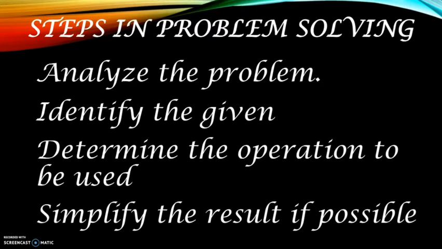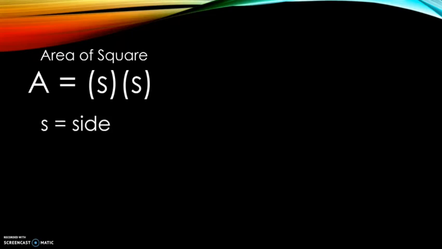So let us have a short review about the formulas on how we are going to find the areas of a square, rectangle, parallelogram, and the speed. Area of a square: area is equal to S times S, wherein S is the side of the square. Now what if the side is unknown?